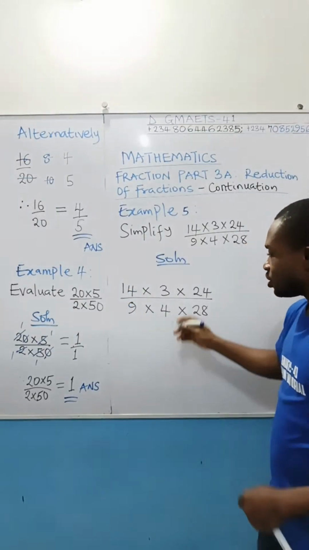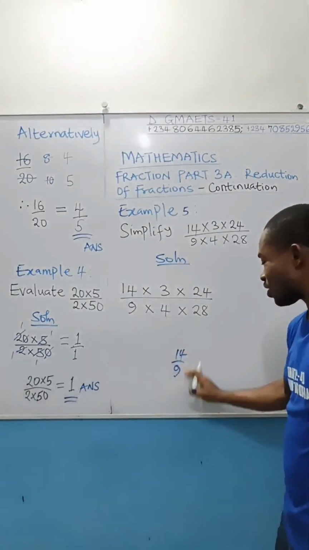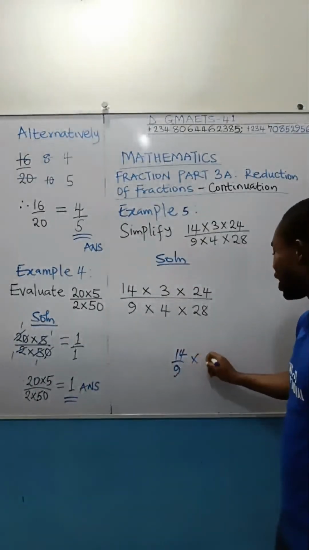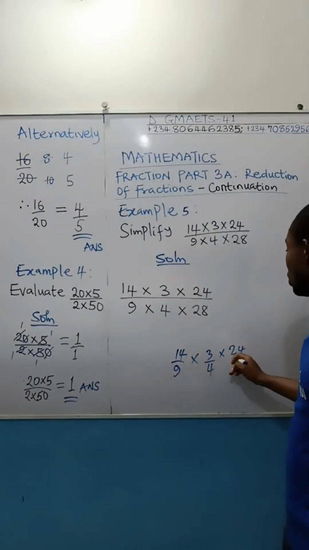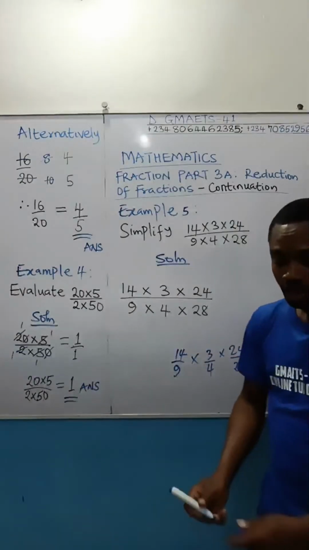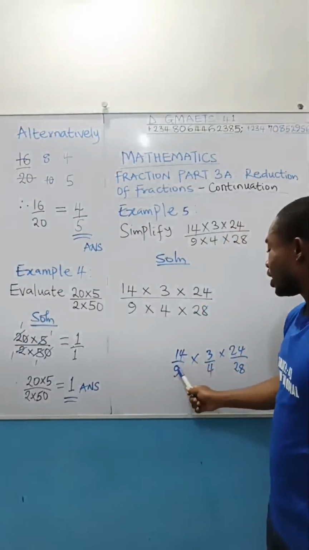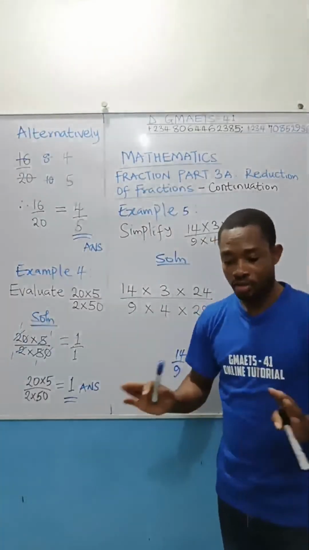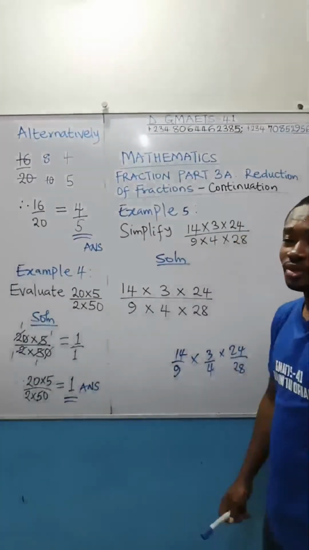In fact, what you have on the board is just like somebody writing 14 over 9, you solve this if it can reduce, times 3 over 4, you solve this if it can reduce, then times 24 over 28, you solve this if you can reduce, and then multiply. That is what you have on the board. But if you look at 14 and 9, nothing can reduce them. They don't have a common factor. So you check 14 and another denominator.